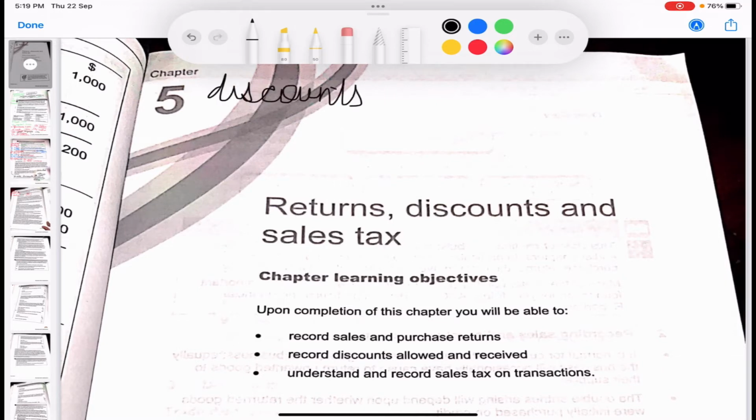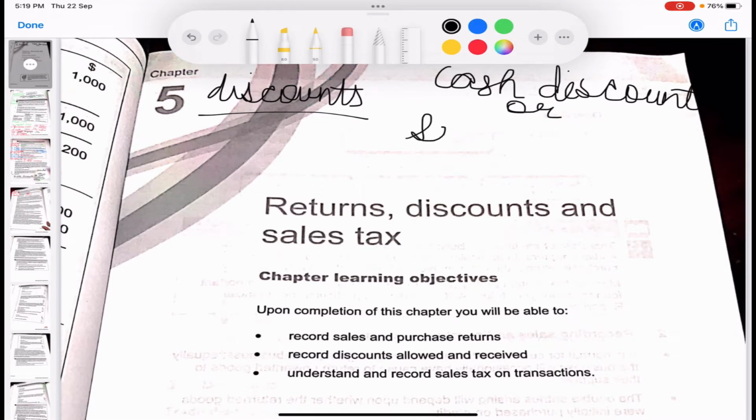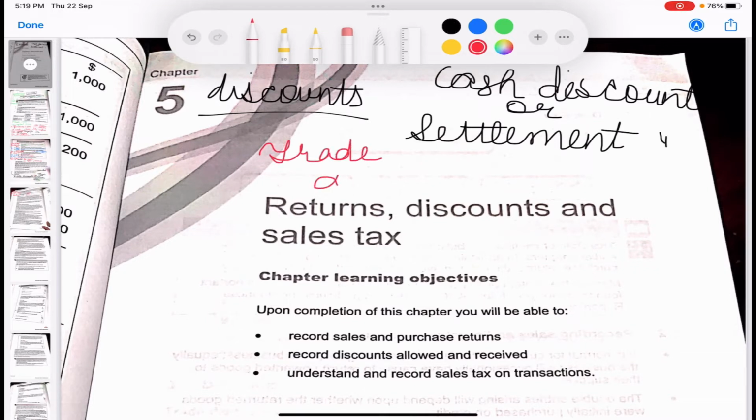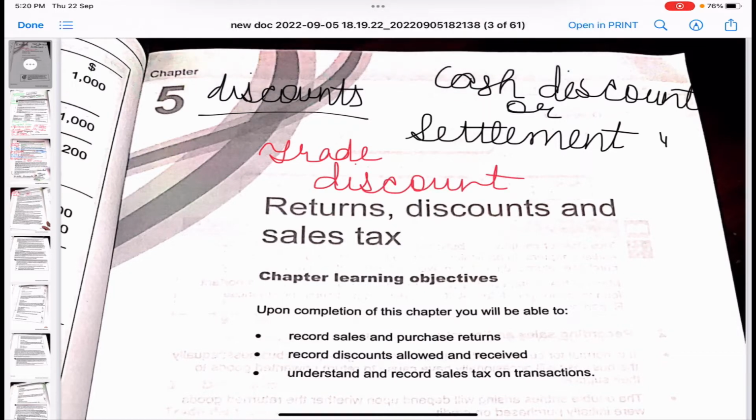The first one is cash discount, which is also known as settlement discount. And the second type of discount is what we have already seen, and that is the trade discount. So I hope this is clear for you guys.